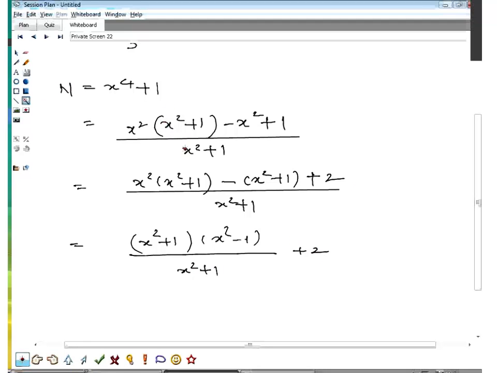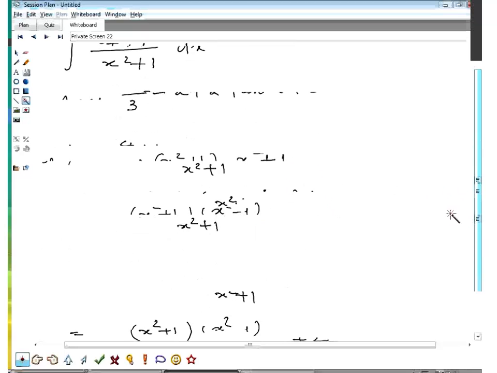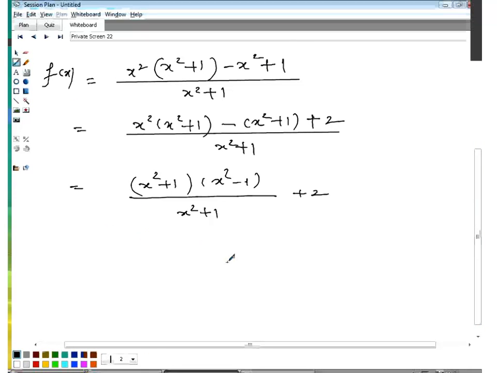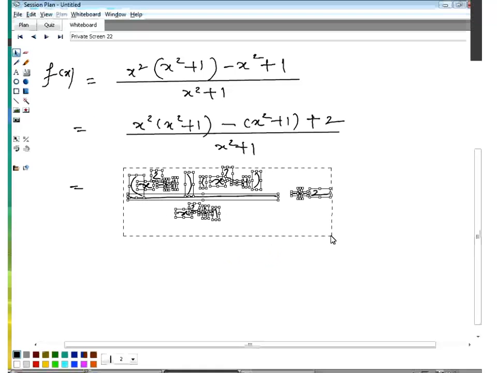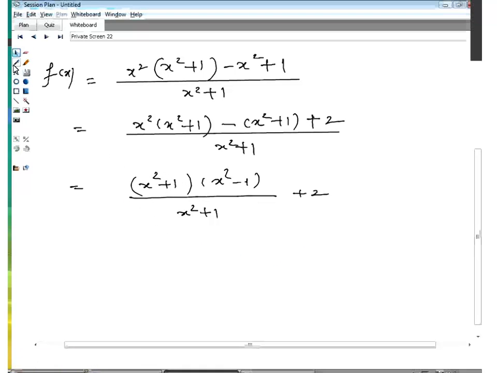Well, actually, I am writing the denominator also, so I should call this f(x). f(x) is the whole thing, plus 2.